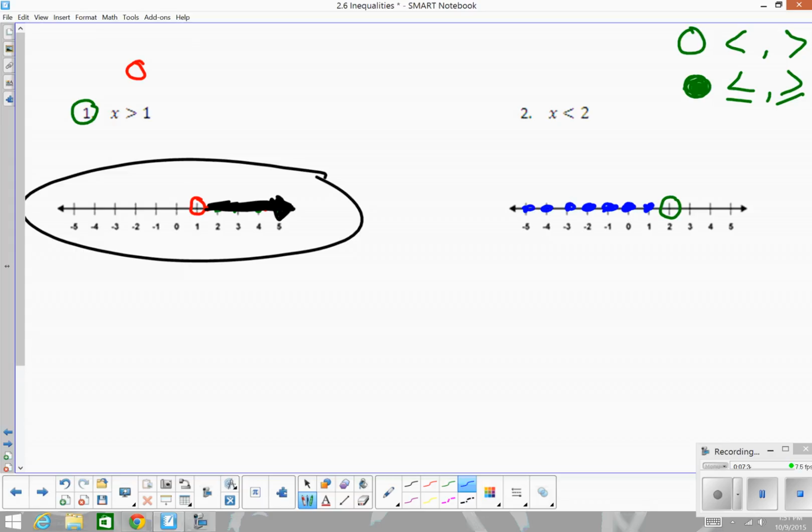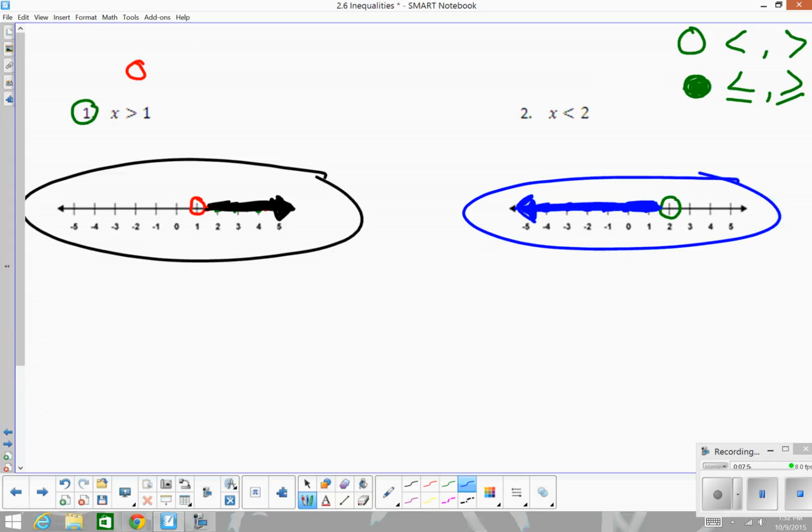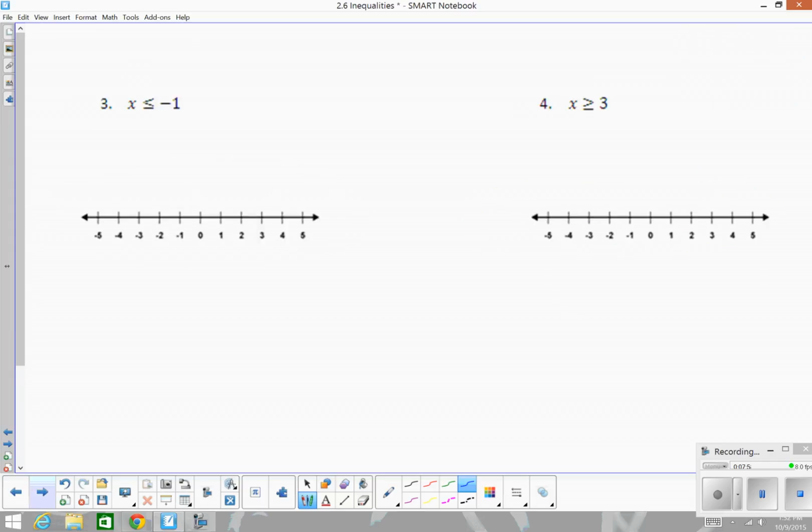So you're going to either shade the left side of that circle or the right side of that circle. In this case, you're going to shade all the way down to the left side, like such. And that's going to be your answer. Cool. Okay, let's try these.